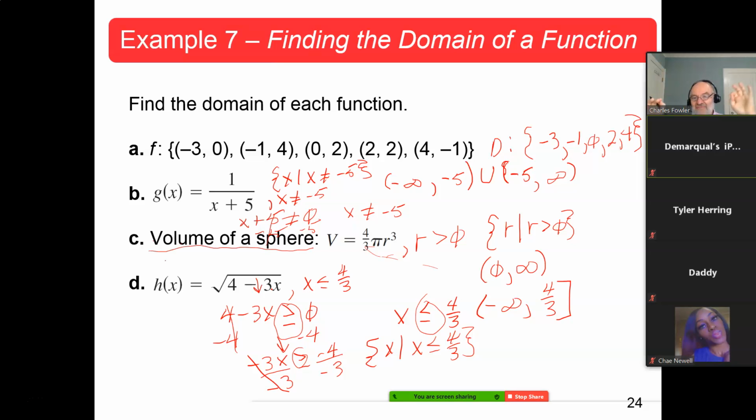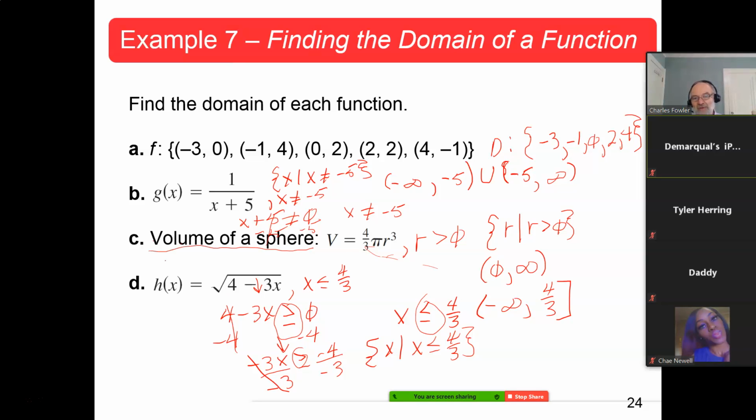That's 0. Yes, I can take that square root. I'm okay there. But let me take something that's less than 4/3. That's what it says, any x less than 4/3. My favorite would be, of course, 0. If you put a 0 here, that would give you the square root of 4. Yes, you can do that too.